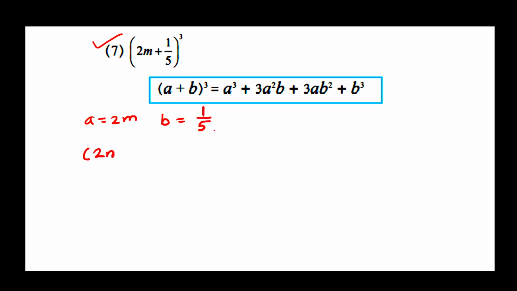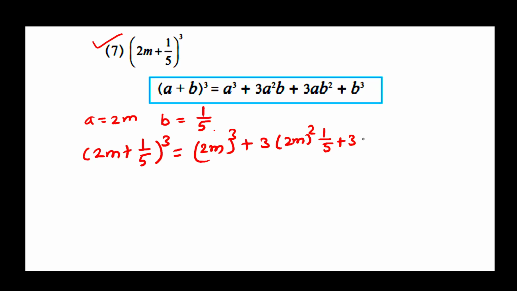Here (2m + 1/5) cube = a cube, means (2m) cube, plus 3 into (2m) squared into b, means 1/5, plus 3 into 2m into (1/5) squared.